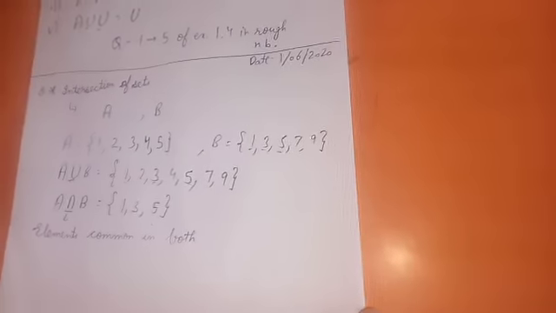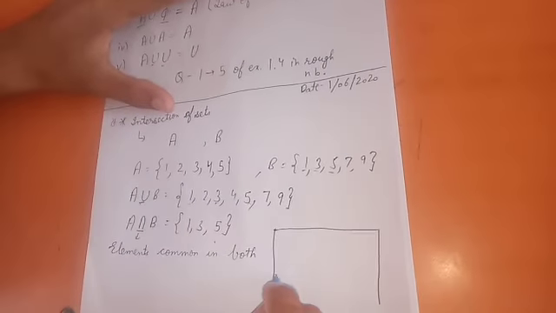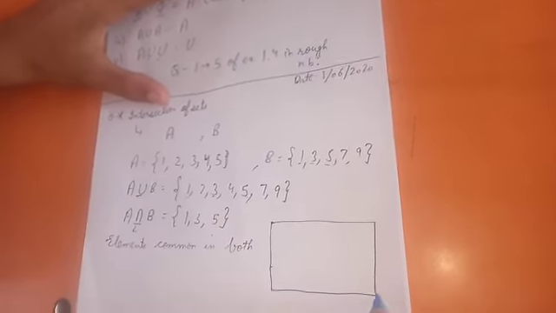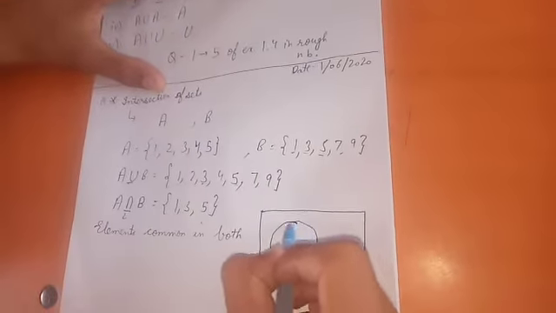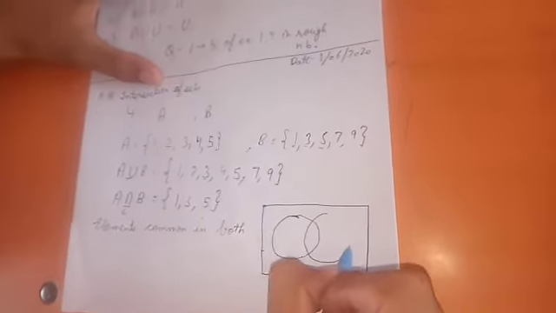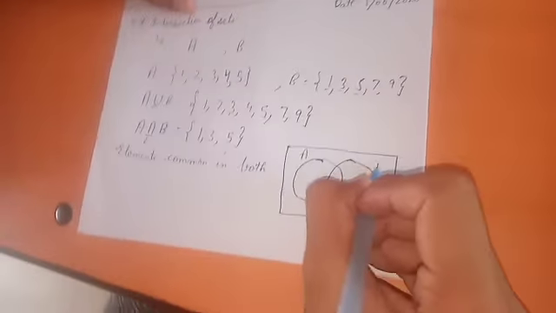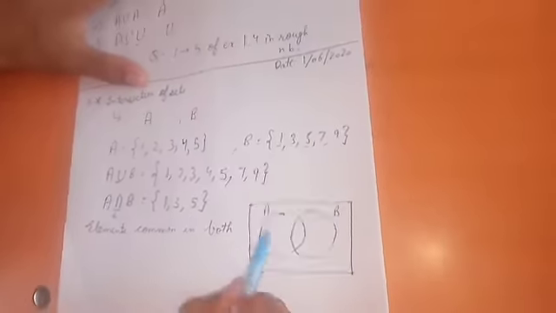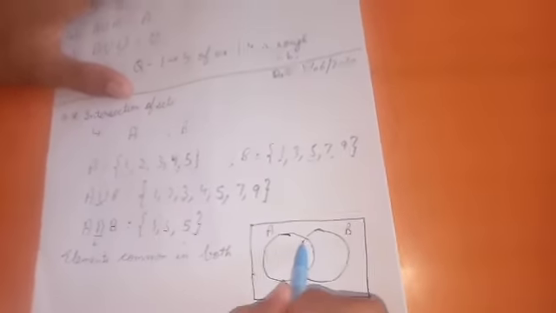If we represent it in Venn diagrams, then how do we represent it? First of all, our rectangle, which represents the universal set, then our subsets A and B. Now look in the Venn diagram. What is common in both the sets? That is this area.